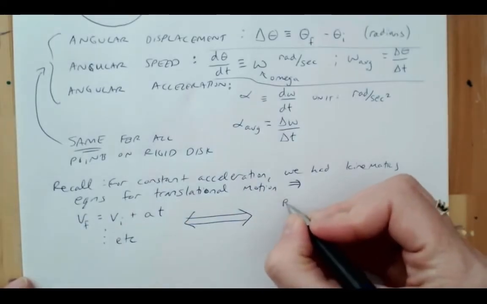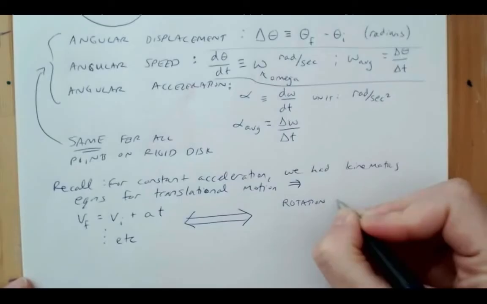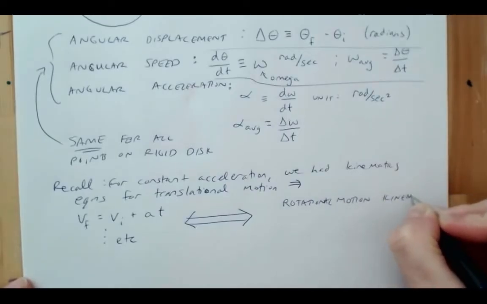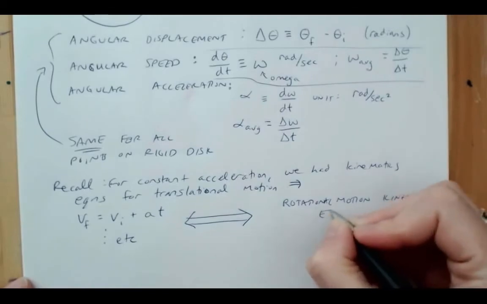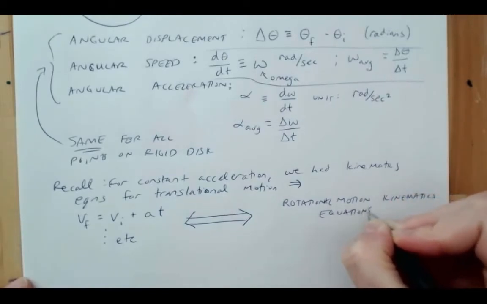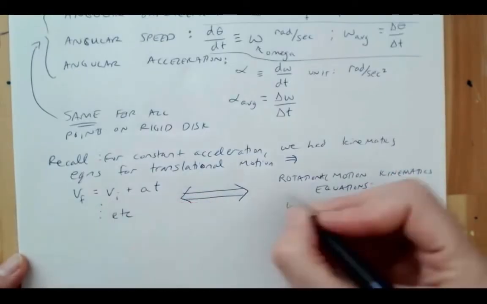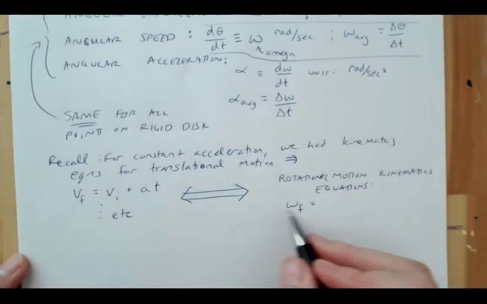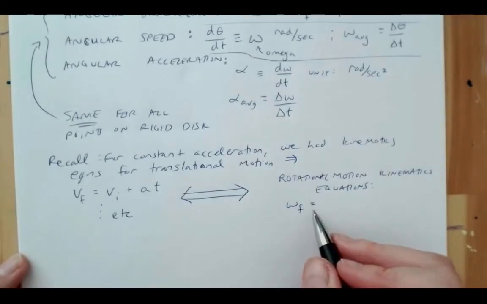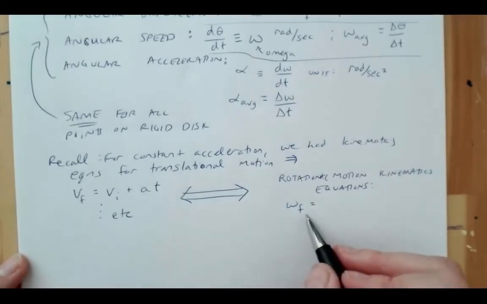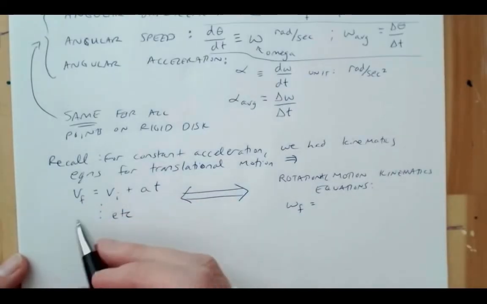So then you end up with rotational motion kinematics equations. And again, I won't list them all here, but you would imagine that v final would turn into your angular velocity. If time permits, we'll talk about the sign of the angular velocity, the direction associated with that. It involves something called the right-hand rule.